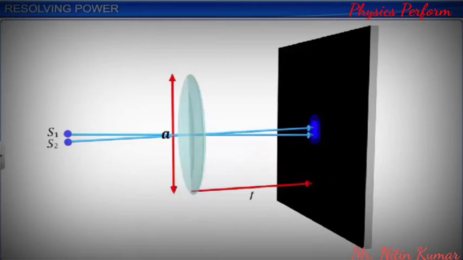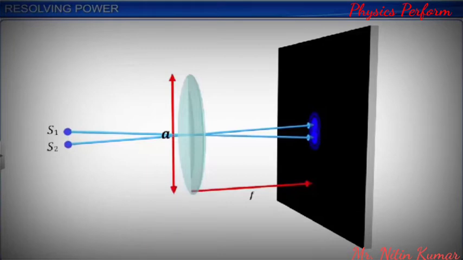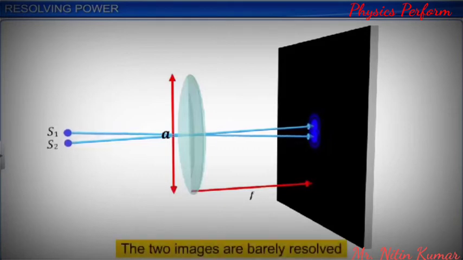If the two sources S1 and S2 are moved apart, the centers of their image disks also move apart. For sufficient separation, one can distinguish the presence of two disks in the pattern. In this case, we say that the two point sources are resolved. Two images are said to be just resolved if the first minimum of one pattern coincides with the center of the other.